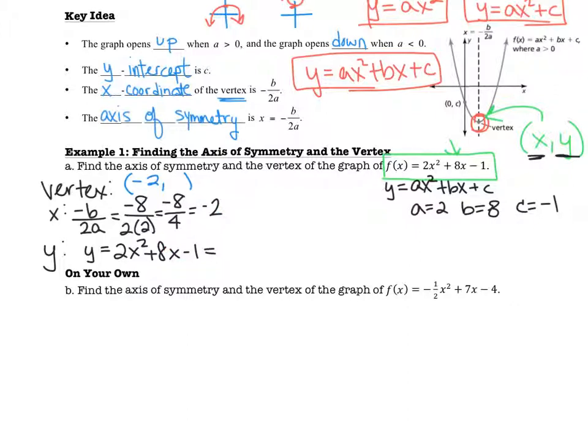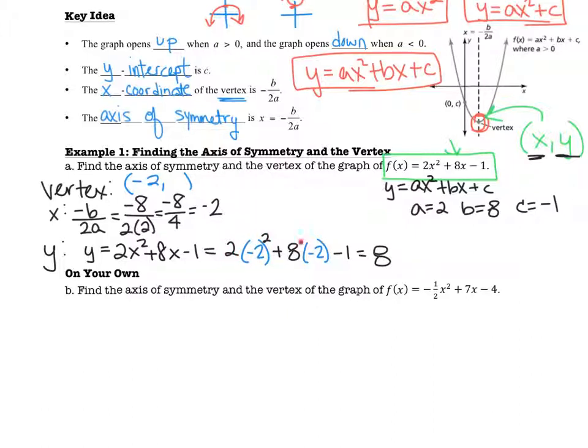So we get 2 times negative 2, square that, plus 8 times negative 2 minus 1. Negative 2 squared is 4 times 2 is 8.